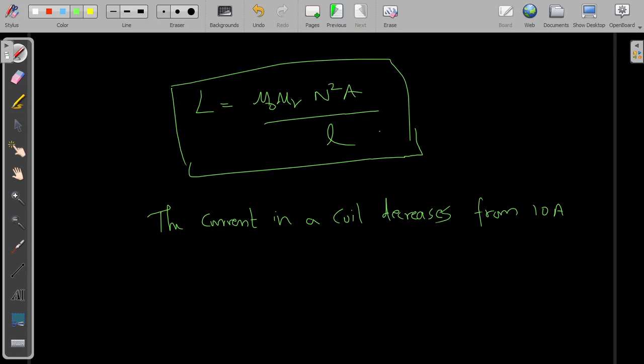That means initially it is carrying 10 ampere, and the final value of the current through that coil is 4 ampere. That is, it is decreasing from 10 to 4 ampere, and it is happening in 0.1 second time.